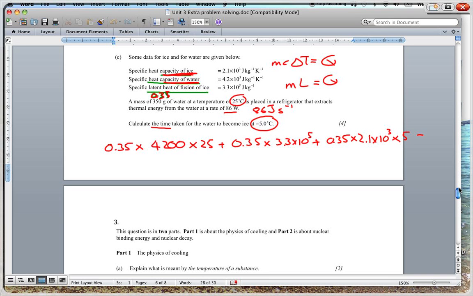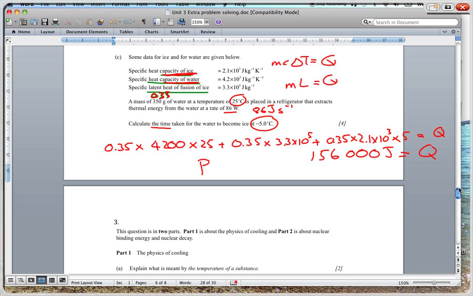And that's all going to equal Q. That will give us our Q value. This works out to 156,000 joules is equal to Q.